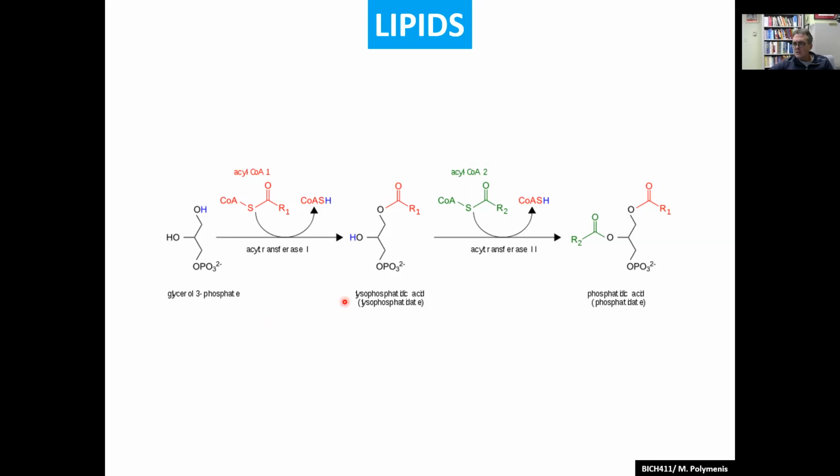The point of this slide is that if you have this configuration where you have only one acyl group on glycerol 3-phosphate, this is called lysophosphatidic acid, and that's from the breakdown of, sometimes you get this if you start removing, if you break down triglycerides or if you break down phospholipids, sometimes you get these lysoforms.